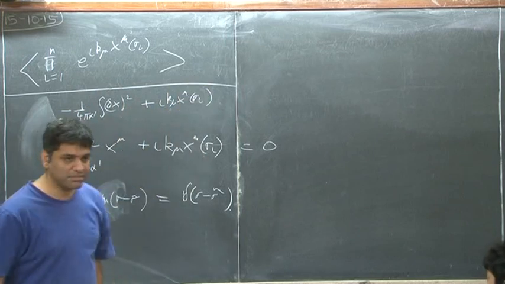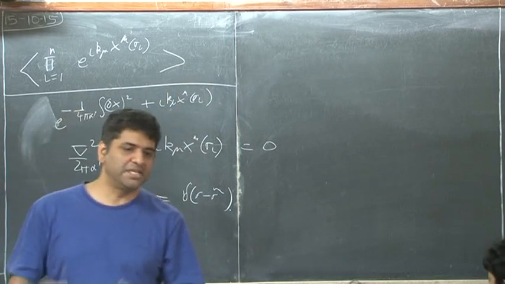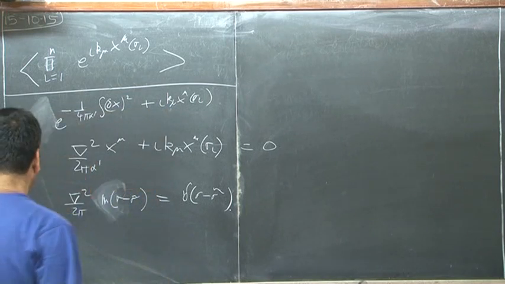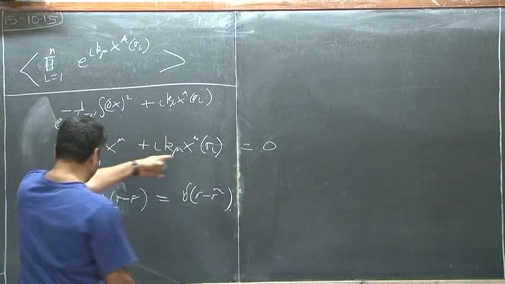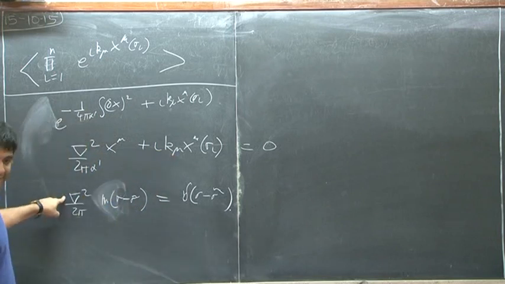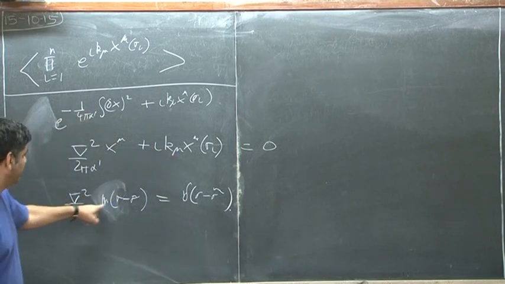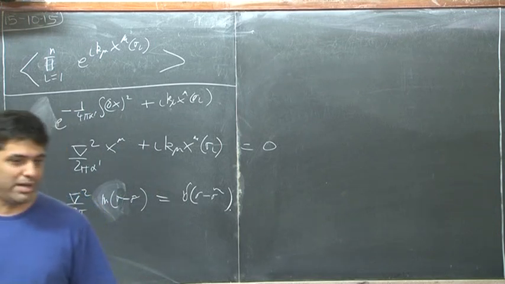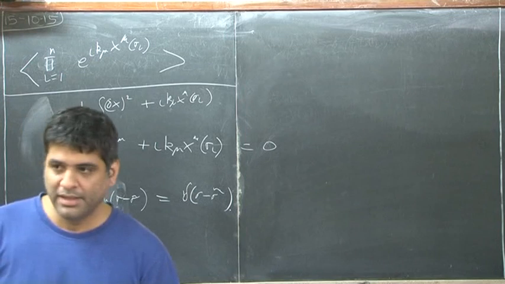It's a Gaussian path integral, so I'm going to solve it by just substituting the on-shell value of the action. Okay, so this is the equation of motion, and I'm reminding you that del squared by 2 pi on log gives you delta. Just to remember where that came from.